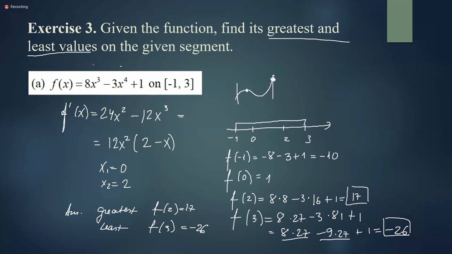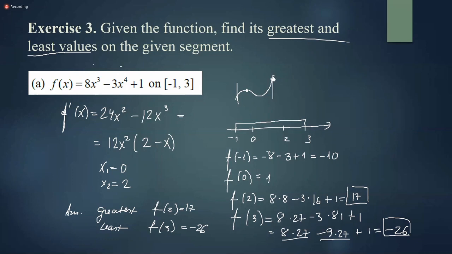So the sign simply doesn't change when we are passing through 0. And basically what happens at 0, because we might think it's smaller, this is 1, then we might expect it going down again from this stationary point, but it does not go down again.